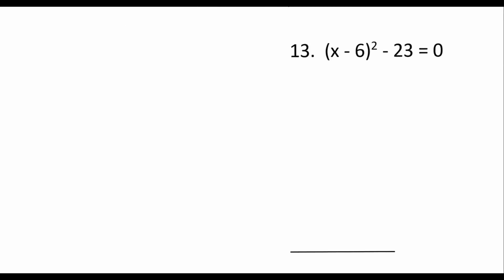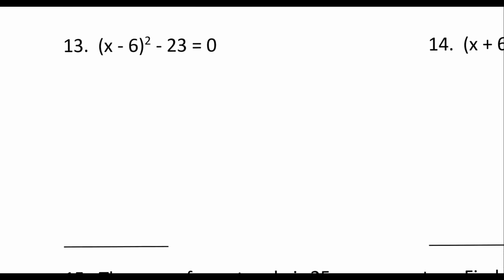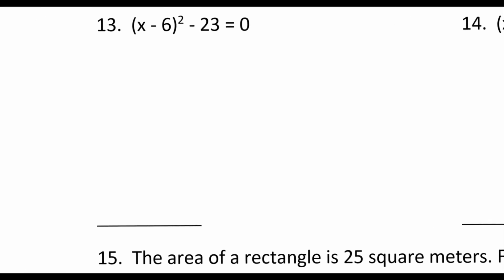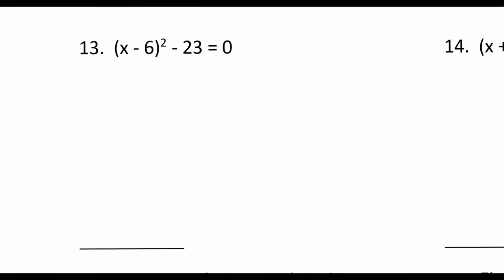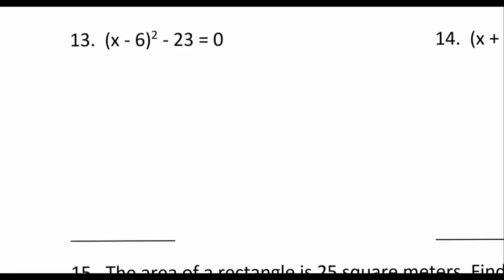Alright? Number 13. I'm going to go ahead and add my 23 to both sides. And that's going to leave me with x minus 6 squared equals 23.